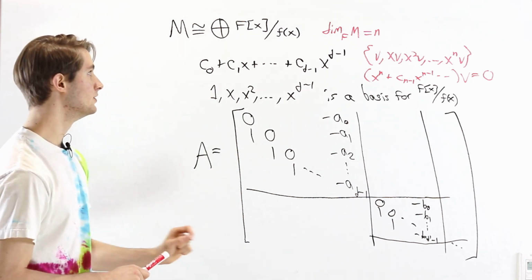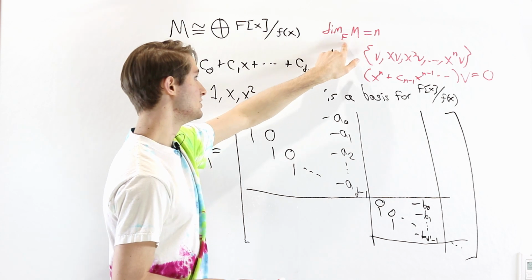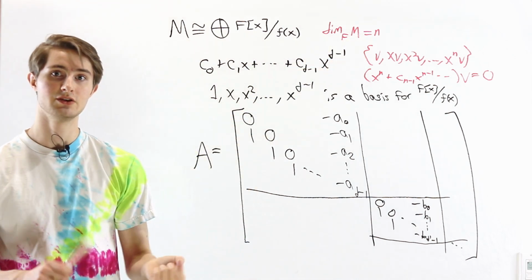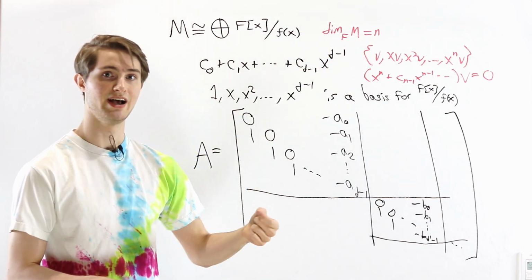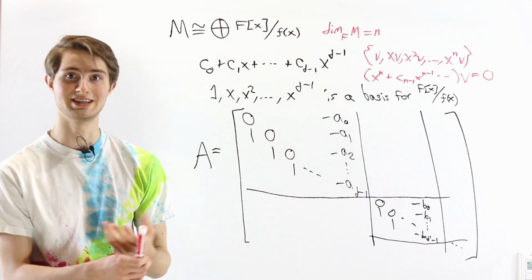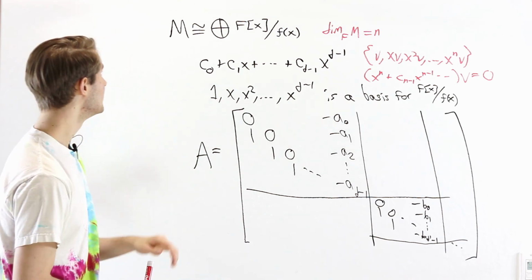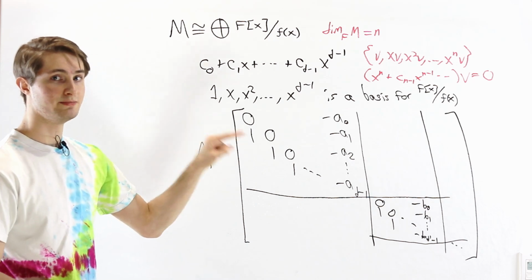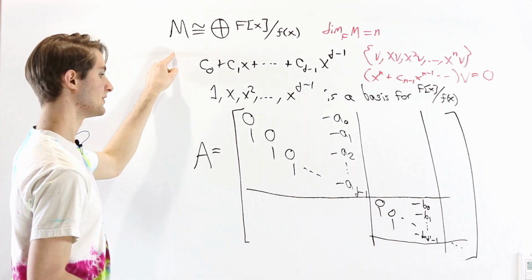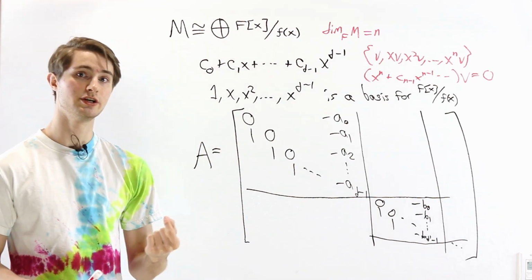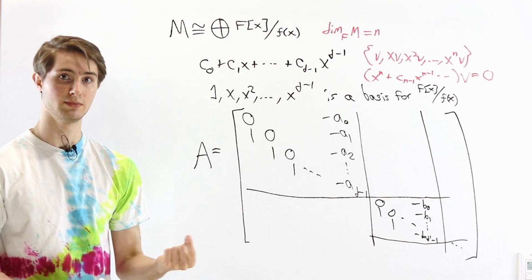And we also know, because M is finitely generated over the field, it's also going to be finitely generated over F[x], because we can just use the exact same generators. And therefore, any finite dimensional vector space M is a finitely generated torsion F[x] module.